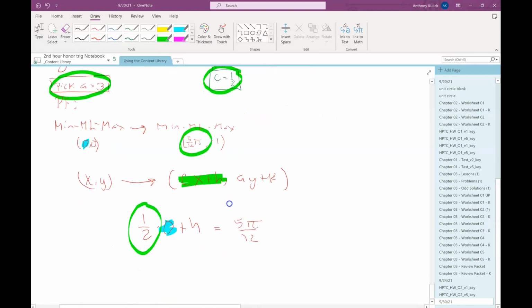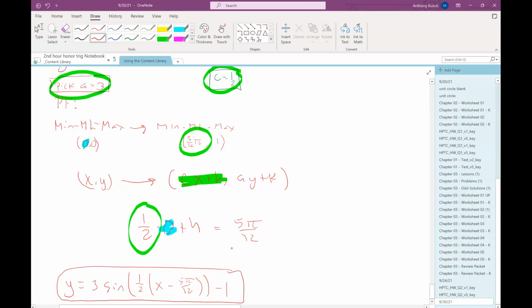So we have everything now for our sine function. Let's see what happens for cosine then.